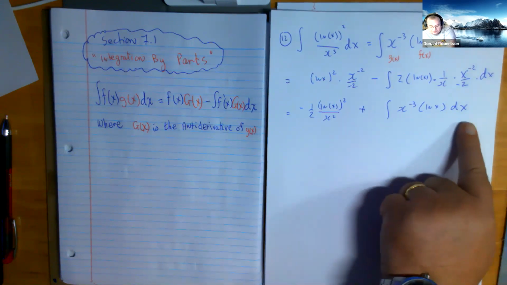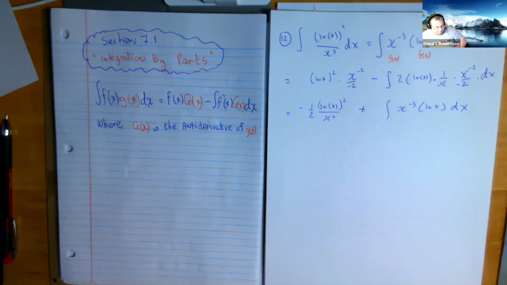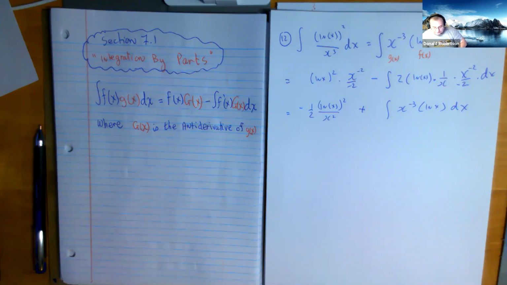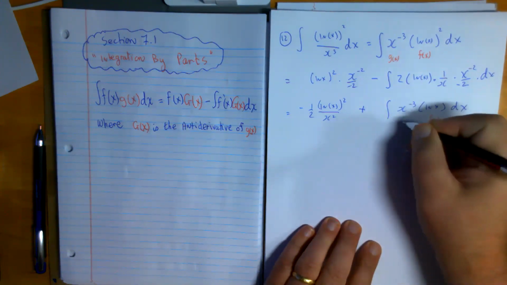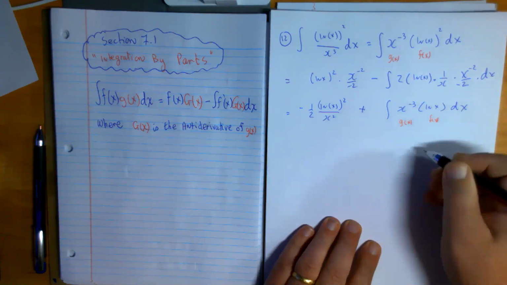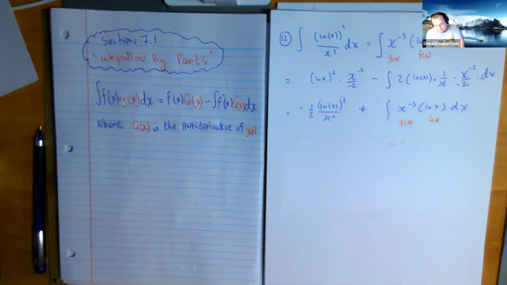We still have to work on this guy, don't we? Who do we choose as our f of x? ln of x. Yep. And I'm just going to dot that one because it takes time, but it shouldn't be too hard to finish.